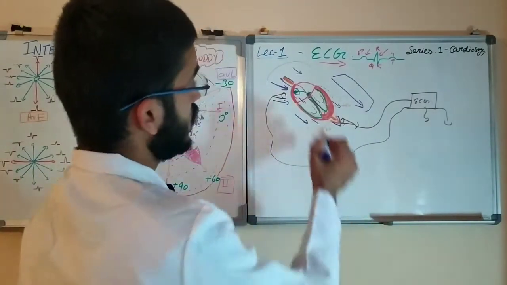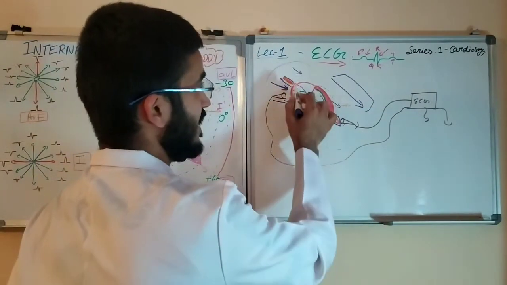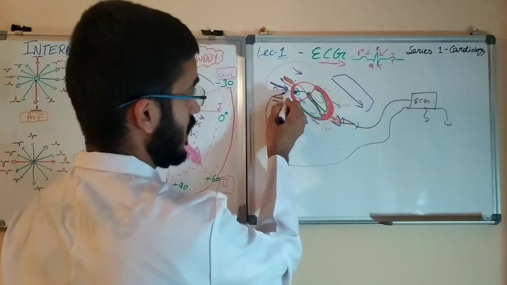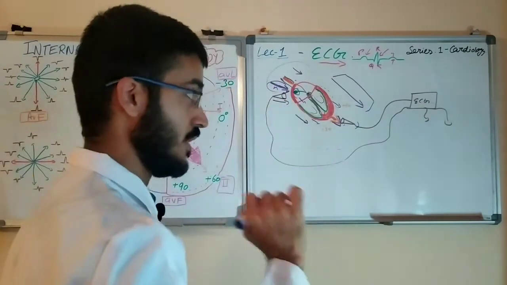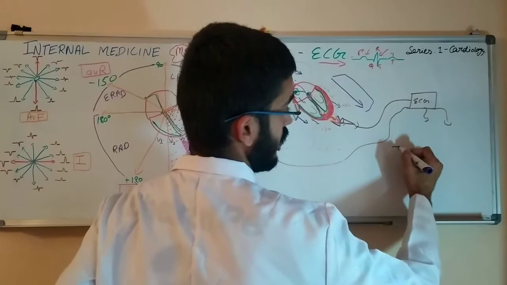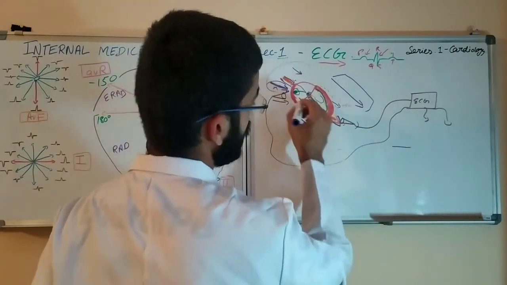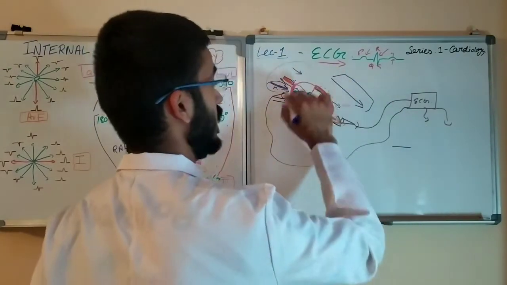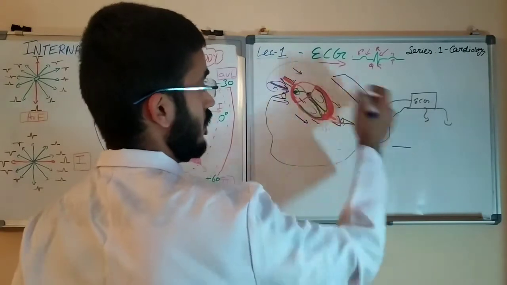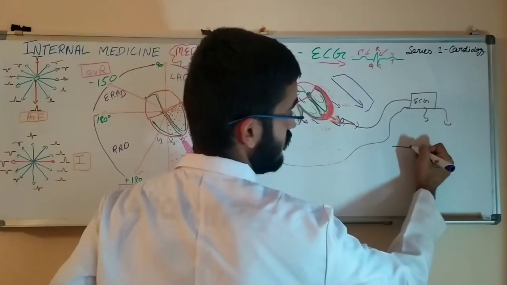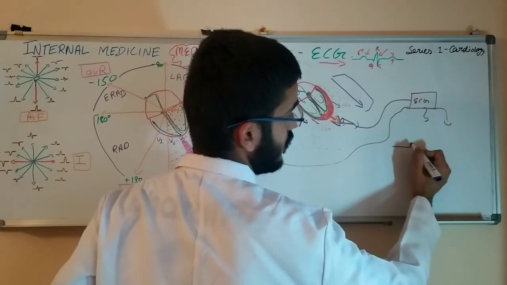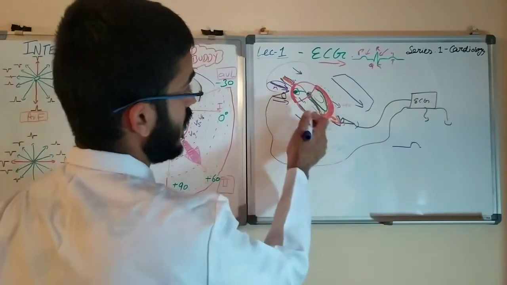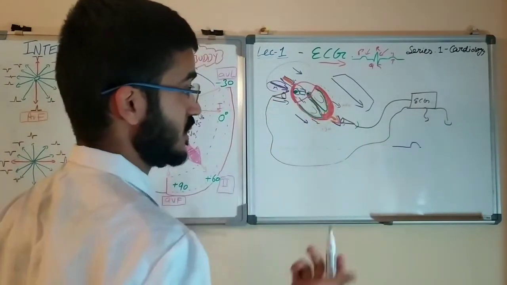Let's see. First of all, there will be depolarization of the atria. A vector with magnitude and direction will be produced by the atria very first. Its direction is also towards the lead, and because it is smaller, it is going to come like this: a positive wave, but a circular, monophasic wave. And there will be AV nodal delay as well.